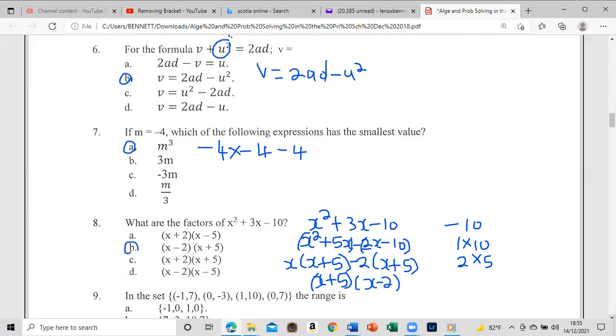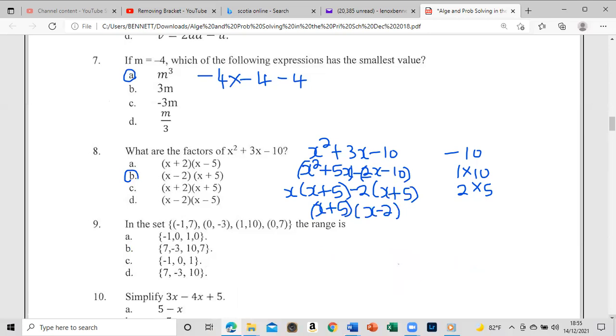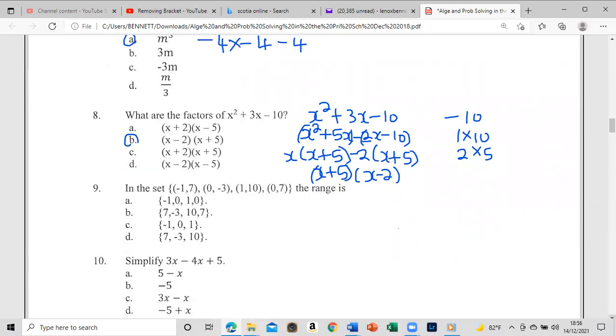Number 10, I say. In the set -1, 7, 0, -3, 0, 1, 10, 0 and 7, what are the ranges? Let me get the range, the Y value. All right, so let's look at it.